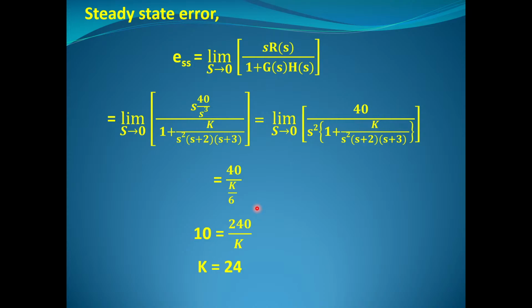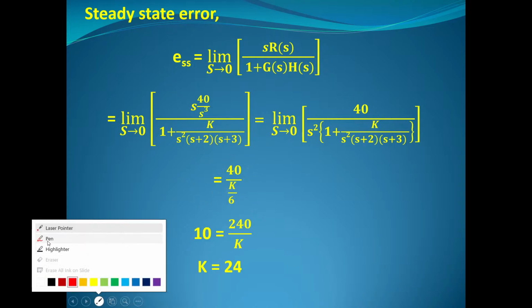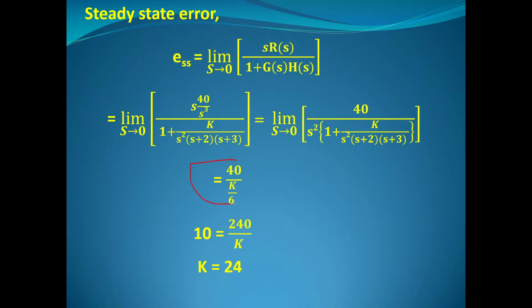If you have not understood how you got this 40 divided by k by 6, you just mention it in the chat box. I will write one more equation. If you are able to follow or not, you just tell me how you got this 40 divided by k by 6. If you are unable to understand, I will write 1 or 2 steps extra. I think 1 step is more than sufficient. Maybe I can write 2 more steps.